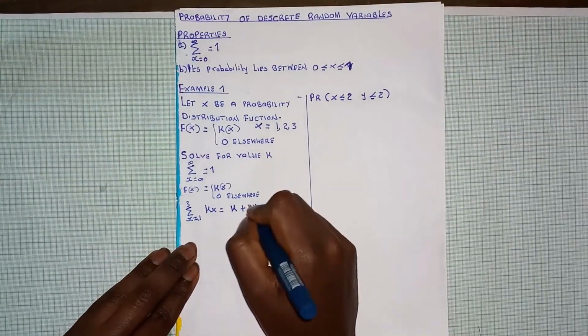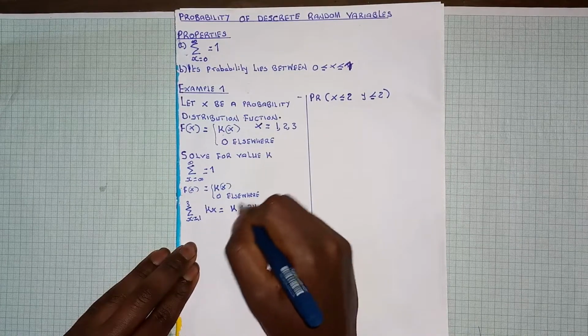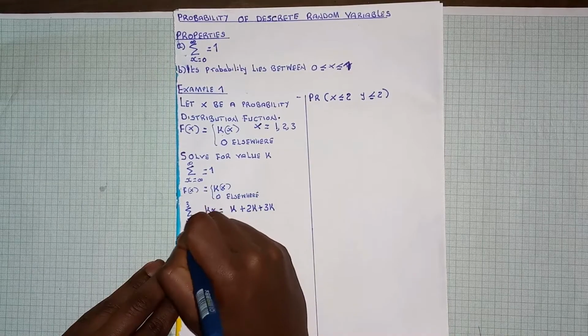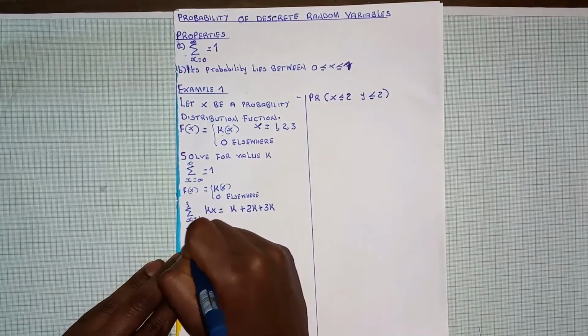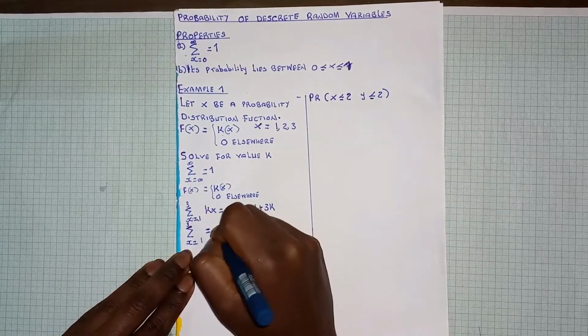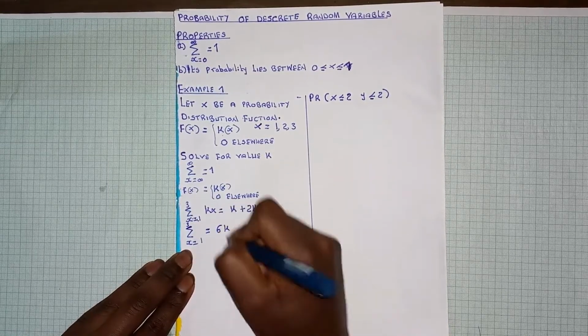So when we total all these values, the summation from x equals 1 to 3 is equal to 6k.